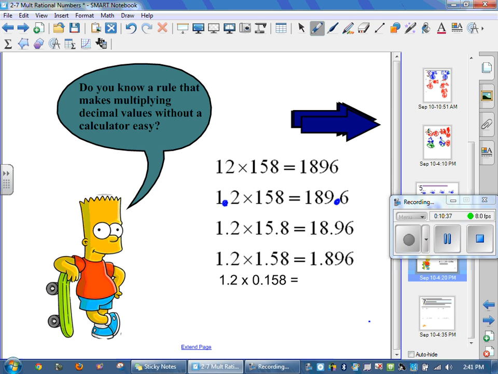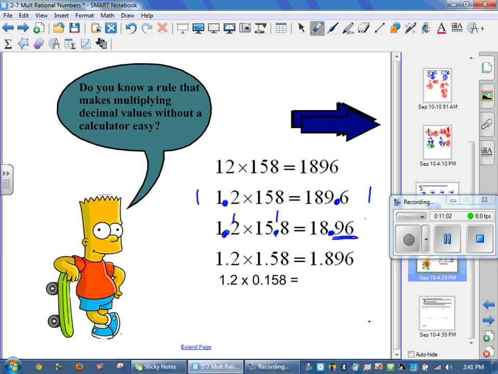I have one number after the decimal here, so in the answer you're going to have one number after the decimal. Over here, they've got one number after the decimal, and in this one, they've also got one number after the decimal. So what's 1 and 1? 2. How many numbers are after the decimal, do you notice? 2. That's the pattern.